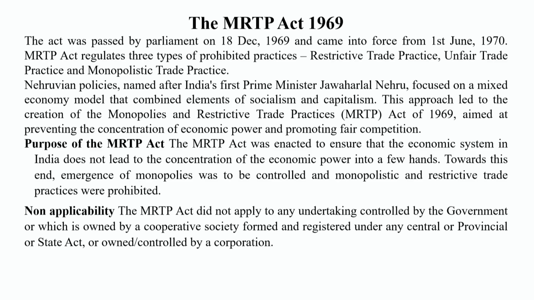The Act was passed by Parliament on December 18, 1969, and came into force from 1st June 1970. The MRTP Act regulates three types of prohibited practices: restrictive trade practices, unfair trade practices, and monopolistic trade practices.